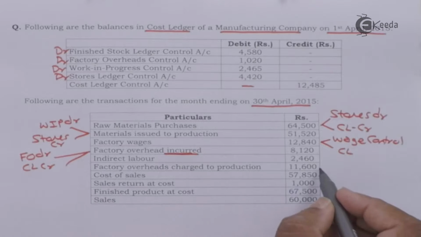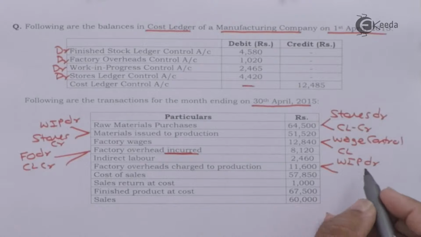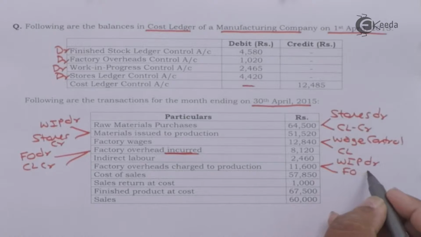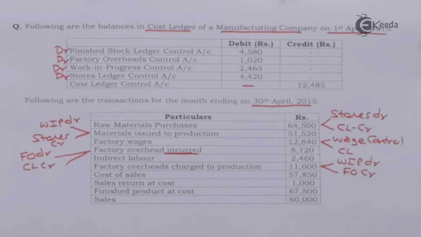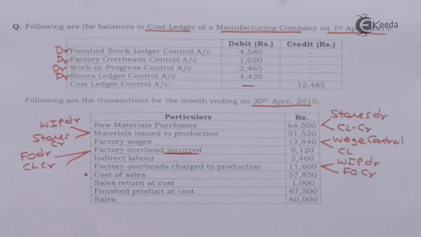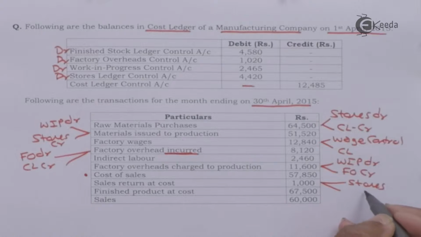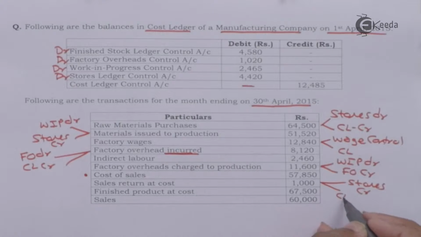Factory overhead charged to production, WIP debit, factory overheads credit. Cost of sales, this will be recorded in costing profit and loss account, debit side. Sales returns at cost, stores credit, cost ledger debit.